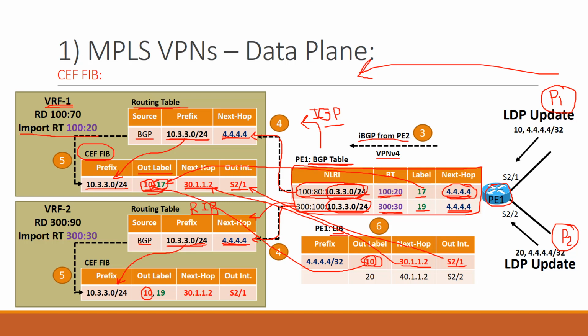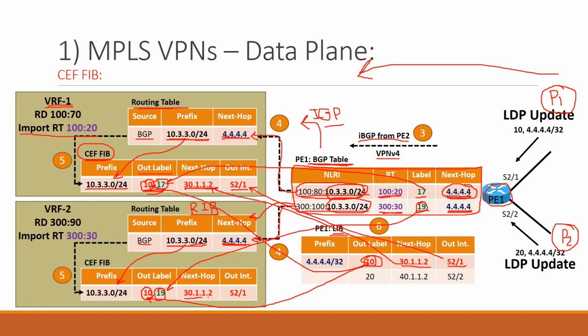But as we are discussing the CEF forwarding information base in this slide, this out label, as long as it was chosen as the best label, will be stored as an out label for the CEF forwarding information base, and the VPN label that came with the BGP update will be stored in the CEF forwarding information base as an inner label.